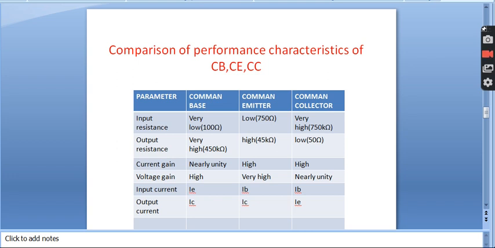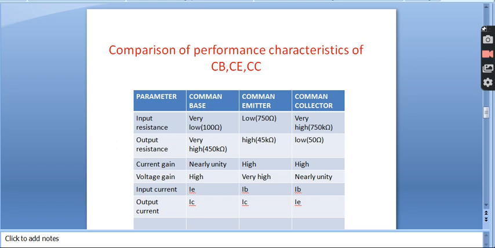Active region means the input junction is forward biased and the output junction is reverse biased.